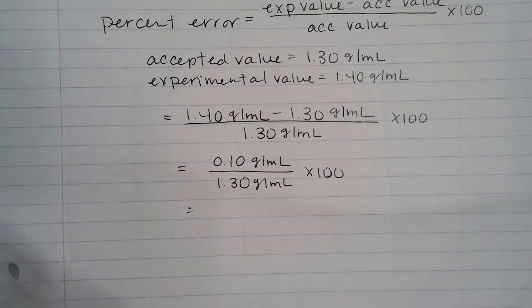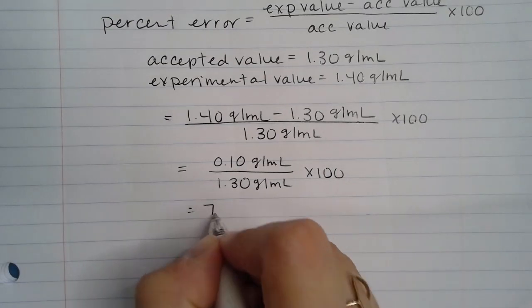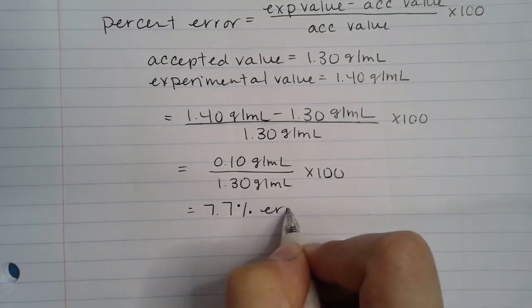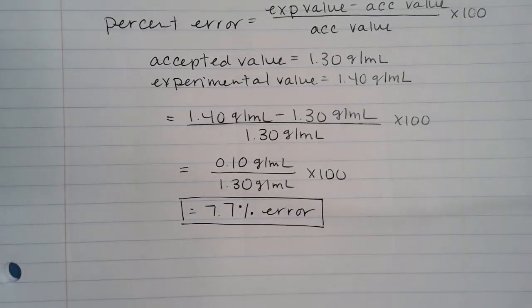And then after you divide and multiply by 100, you should get 7.7% error. Which is not too bad. That means that this particular student was about 8% wrong in their answer.